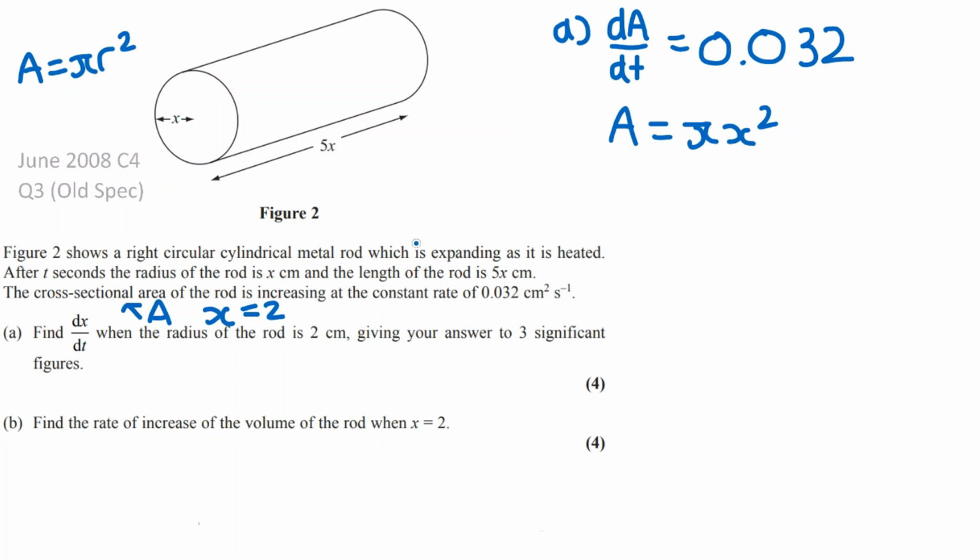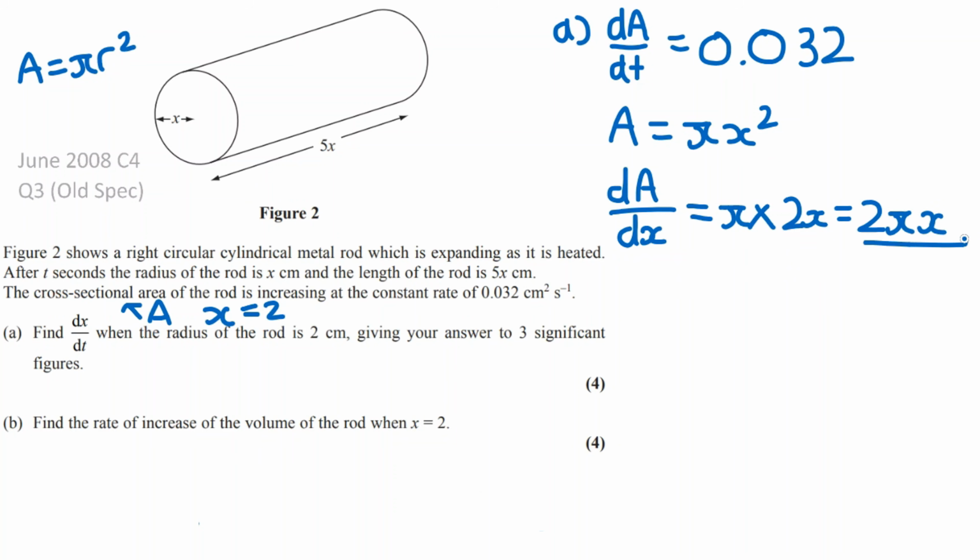Then we can differentiate this, so dA over dx is pi multiplied by 2x, so dA over dx is equal to 2 pi x.